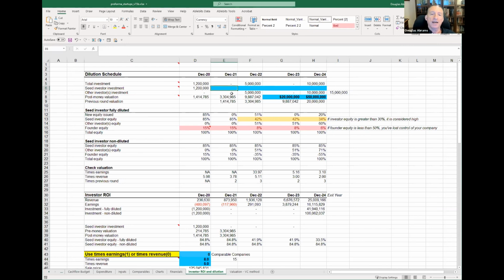What this row does, it allows you to model that the seed round investor will participate in future funding rounds.